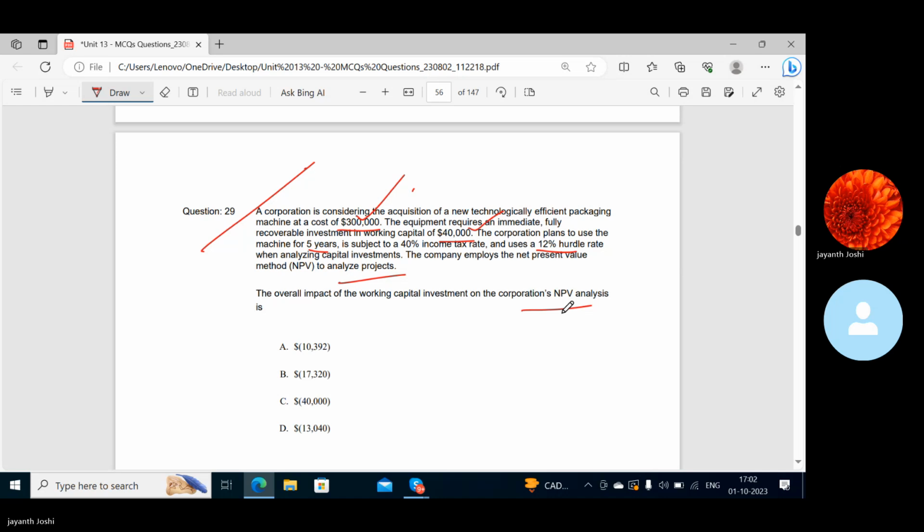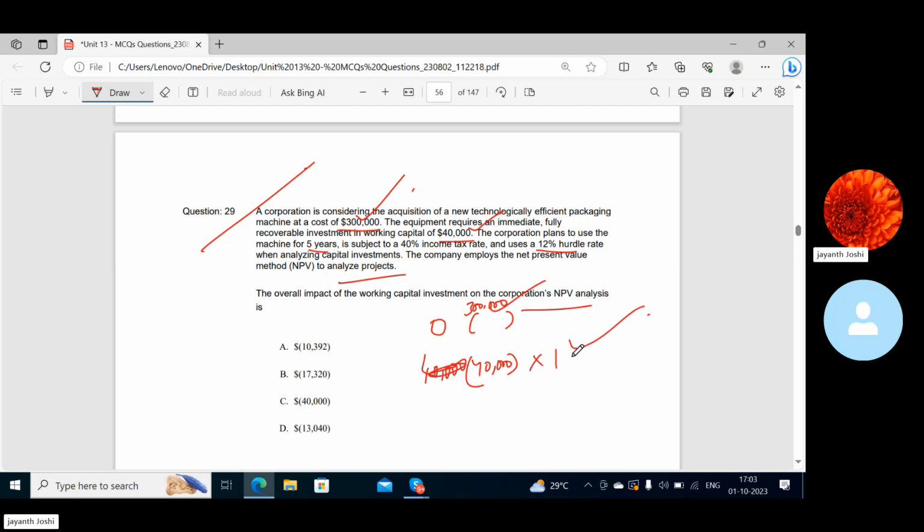First of all, 40,000 is the working capital which is recoverable, right? When you started the project, you invested 40,000. At the initial stage, which is the zeroth period, there will be an outflow of cash regarding the investment, that is 300,000, as well as an investment in working capital of 40,000. So the discount factor is 1 for that.